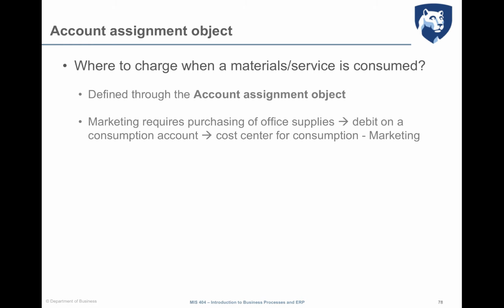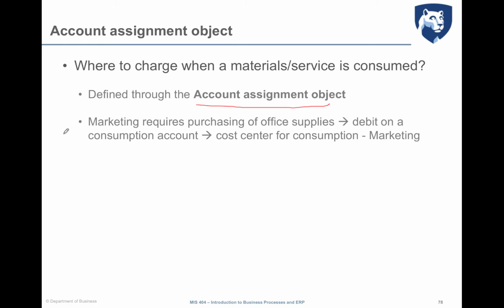This type of indirect material can be consumed by different entities, so we need what we call an account assignment object. An account assignment object identifies the bearer of the cost of the purchase, which then becomes the entity for which the material was purchased.